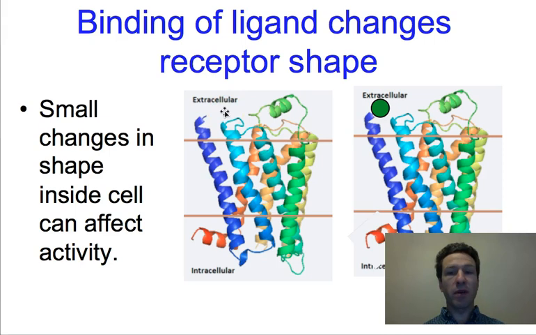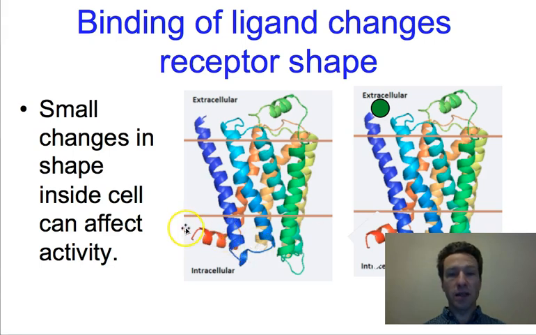So for example, here, we might have a receptor without its ligand attached on the left. Once a ligand attaches to it, for example, right here, then this will lead to at least a subtle change in shape. And the key here is the change in shape happens inside the membrane. So the ligand here is attaching outside, but this leads to a modification of the shape inside the membrane.